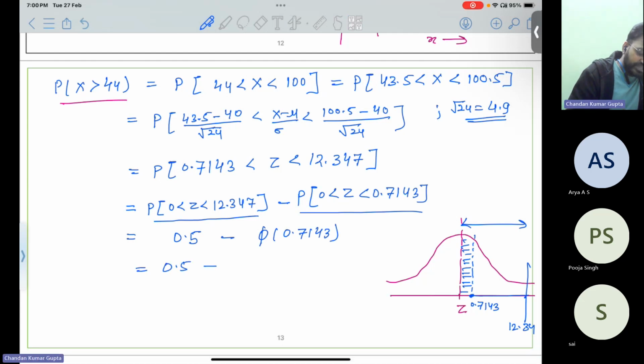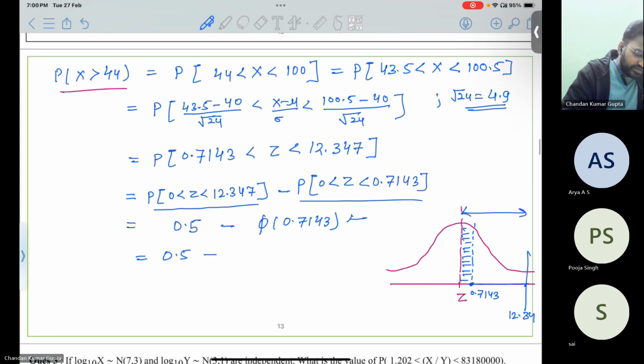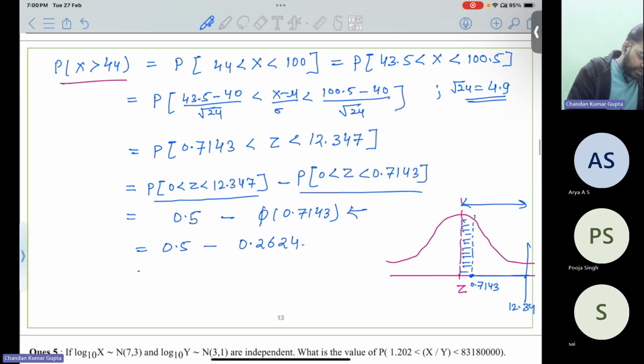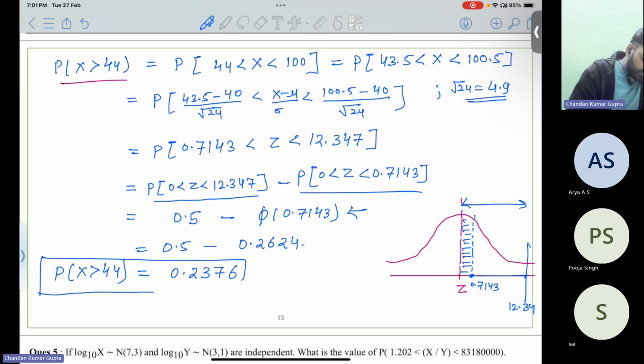When you check the table, you will get this value approximately 0.2624. After solving, you will get 0.2376. The probability that x is greater than 44 is about 23.76%.